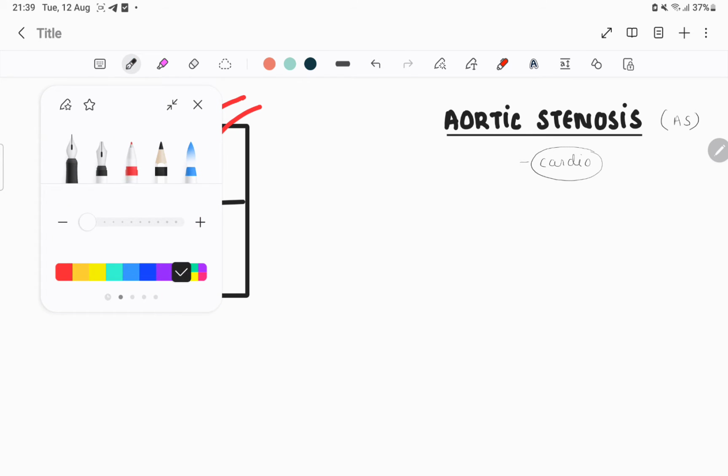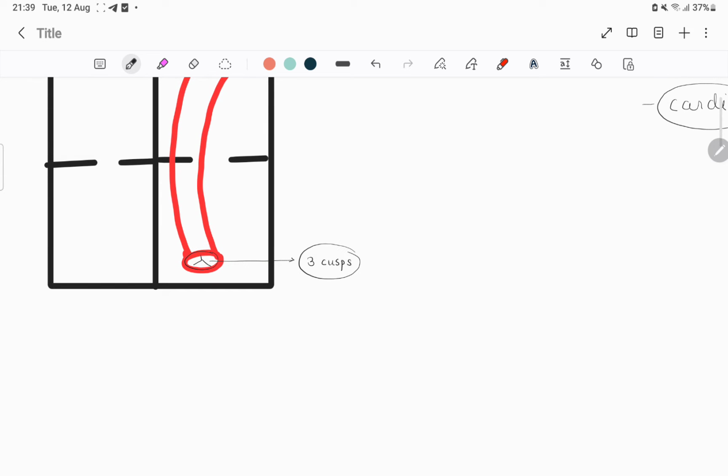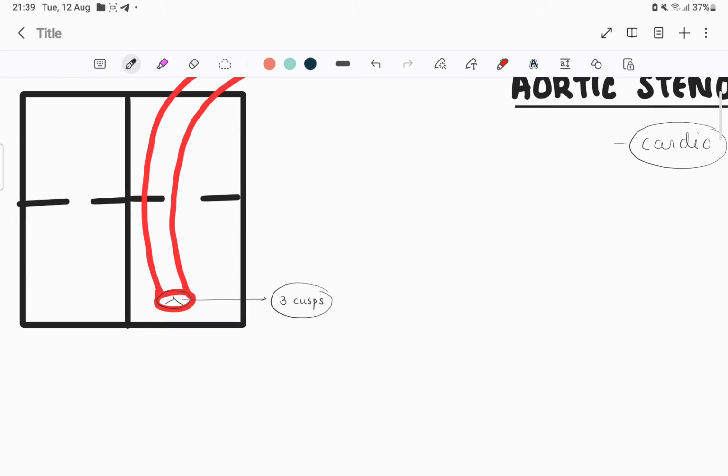All of you know that the aortic valve has three leaflets, three cusps, of the same size. And you have to know that in normal condition this aortic valve is closed like this.